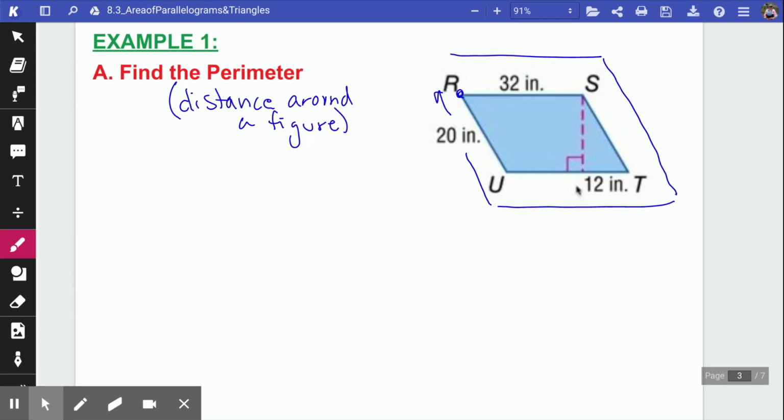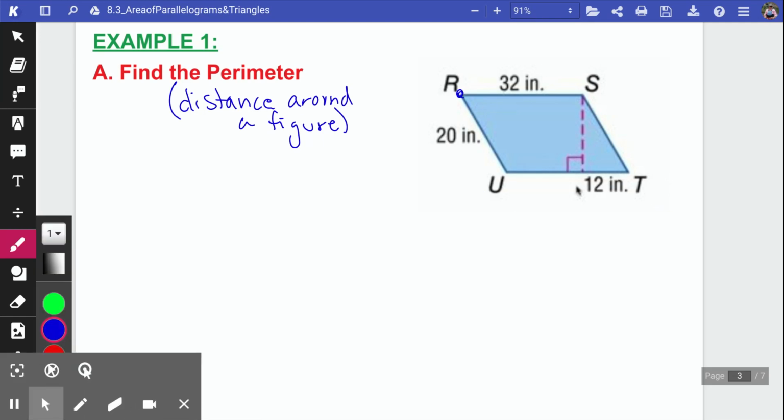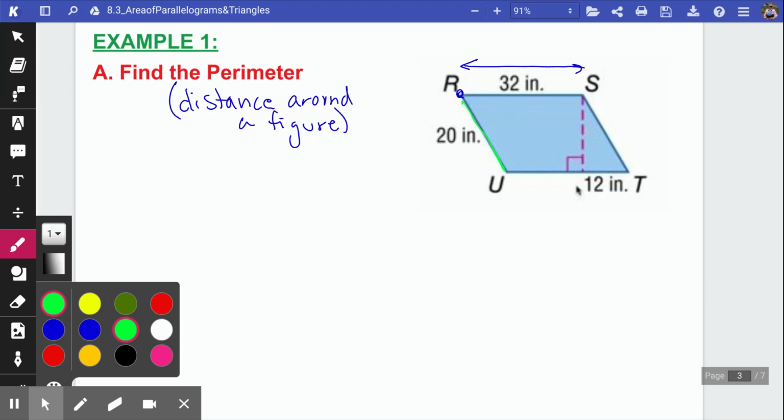So in this problem, I'm given the distance between R and S. I'm given this slanted distance between U and R. We should recall that a parallelogram is a quadrilateral that has opposite sides that are both congruent and parallel.